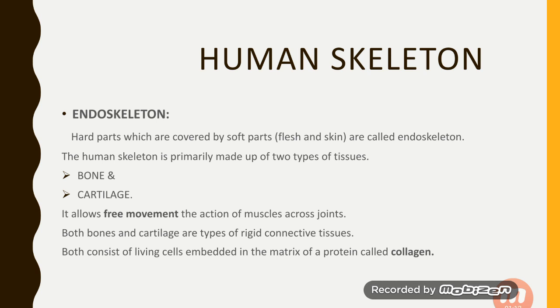Bone is a hard connective tissue, whereas the cartilage is softer, elastic, and more flexible than the bone. Both bones and cartilage are types of rigid connective tissue, and both consist of living cells which are embedded in a matrix of a protein called collagen.